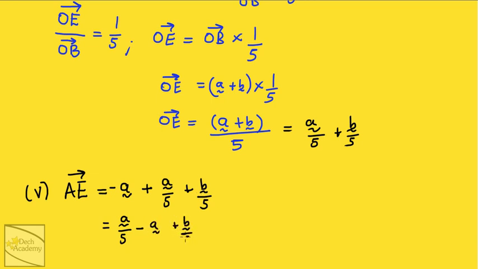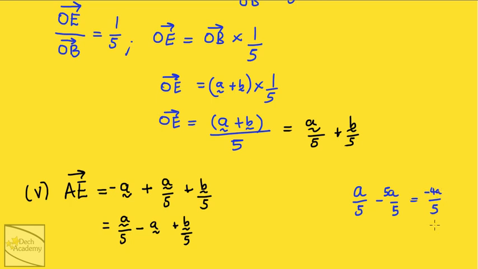So I'm just going to simplify the terms involving the vector A using what you already know from fractions. A over 5 minus A is what? Well, this is A over 1. I multiply this by 5 and this by 5. I have the same denominator. So what I have is simply A minus 5A over 5.